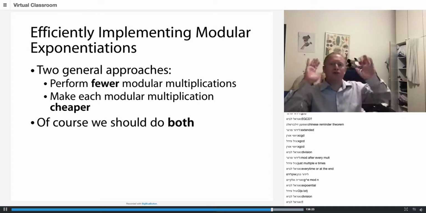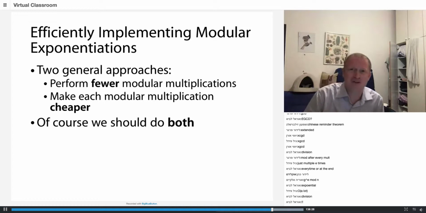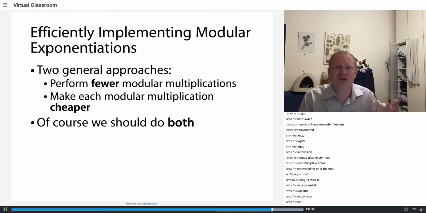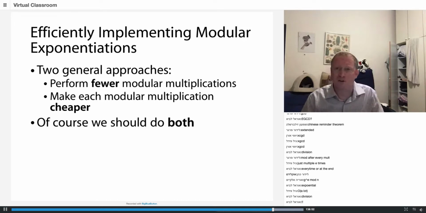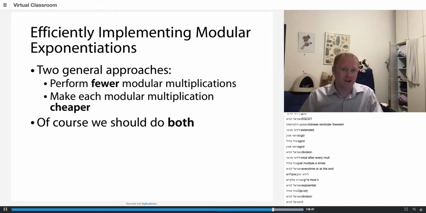The two general approaches to getting modular exponentiation done quickly are either doing fewer multiplications or making the multiplications cheaper somehow, so they don't cost as much as a division, or maybe they cost a division half of the time, or something like that. I will show you some tricks to do both this week and next week. And of course, the right thing is to do both: fewer modular multiplications and have them really cheap.